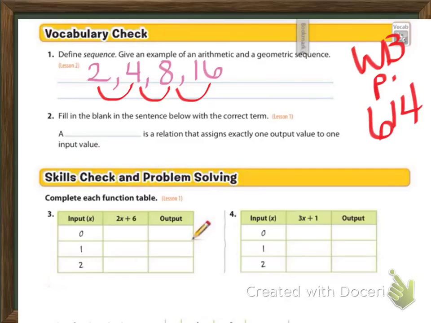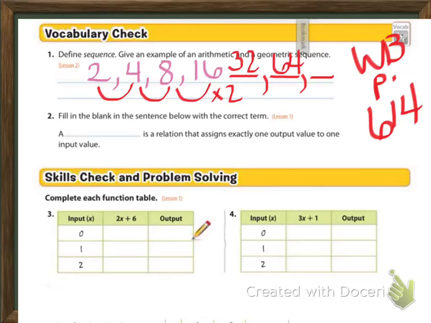Every time here, you are multiplying by 2. 2 times 2 is 4, 4 times 2 is 8, 8 times 2 is 16, so on. I should be able to list the next 3 terms in my sequence. 16 times 2 would be 32. 32 times 2 would be 64, and so on.